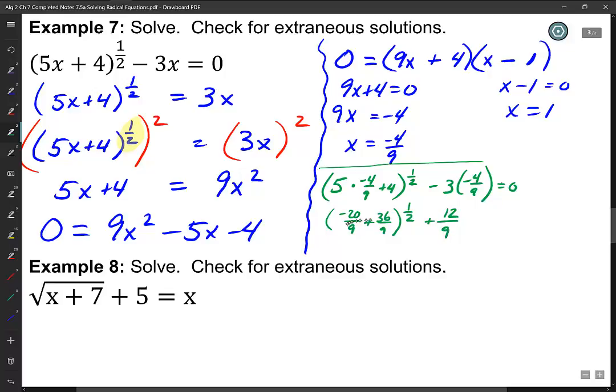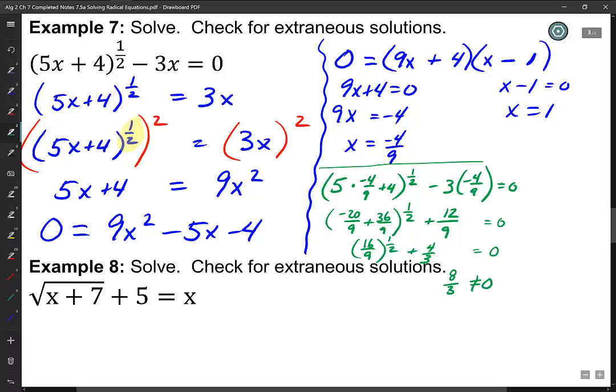So over here we have the square root of 16/9 plus 12/9, and as you know, 12/9 reduces to 4/3. That's 4/3 plus 4/3, and that does not equal 0 because that's 8/3, and 8/3 does not equal 0.